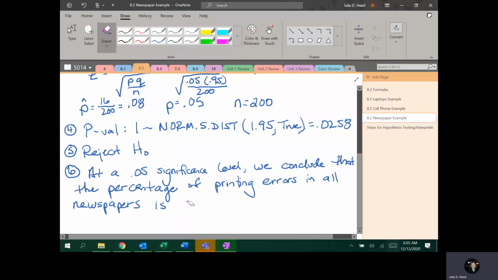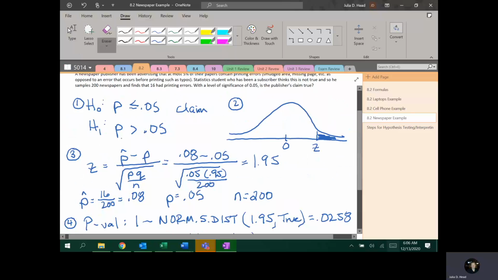And it's not 5%. When you reject the null, it may be helpful to think about what you're saying is that H1 is, again, I'm sounding confident. You're saying H1 is true. So H1 was greater than 5%.